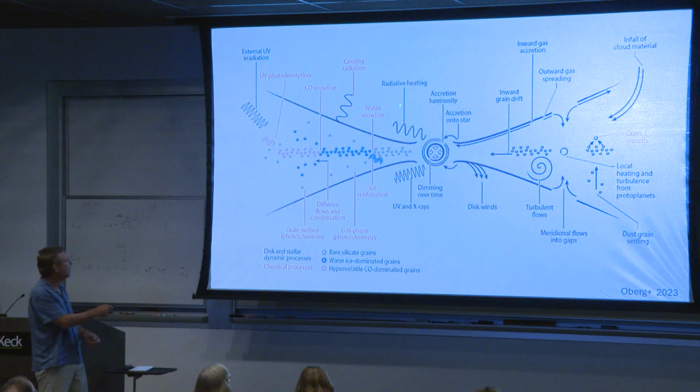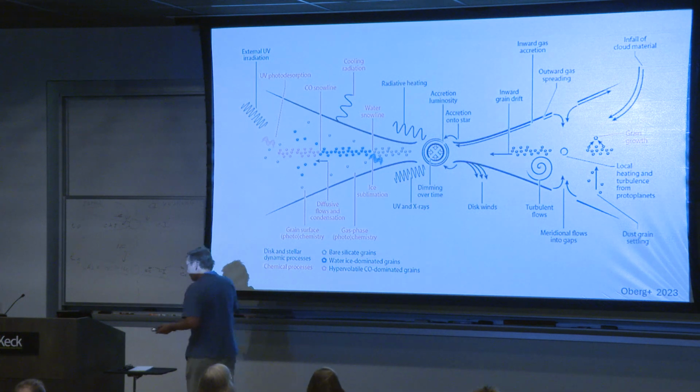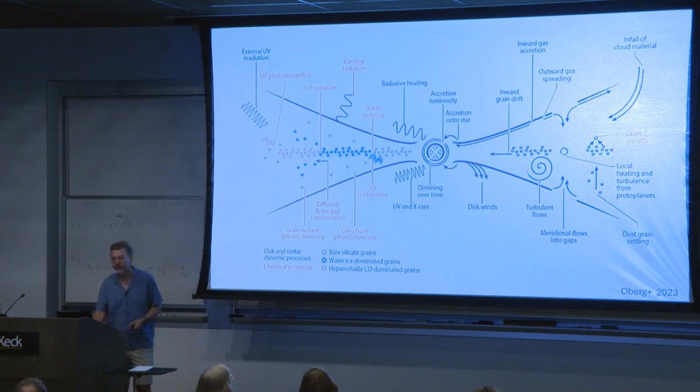There's active gas flowing inward, gas flowing outward, grains both evaporating and condensing, different snow lines. We hear a lot about the water snow line because most people are talking about the inner solar system, but there are other snow lines further out, and all of these processes contribute to everything going on out there, in particular to the ices that I'm going to worry about.